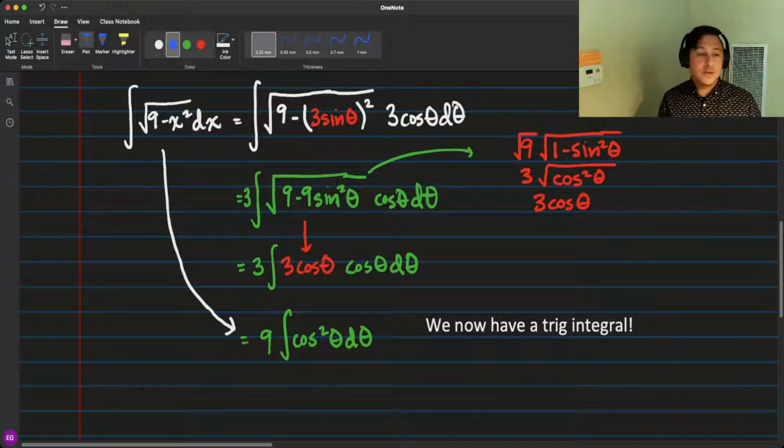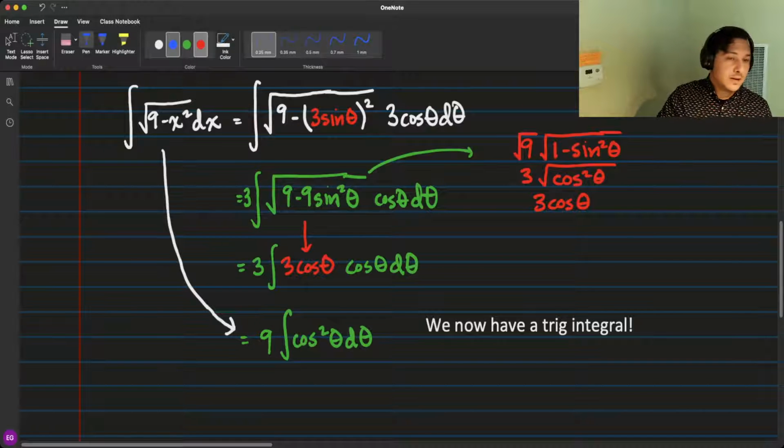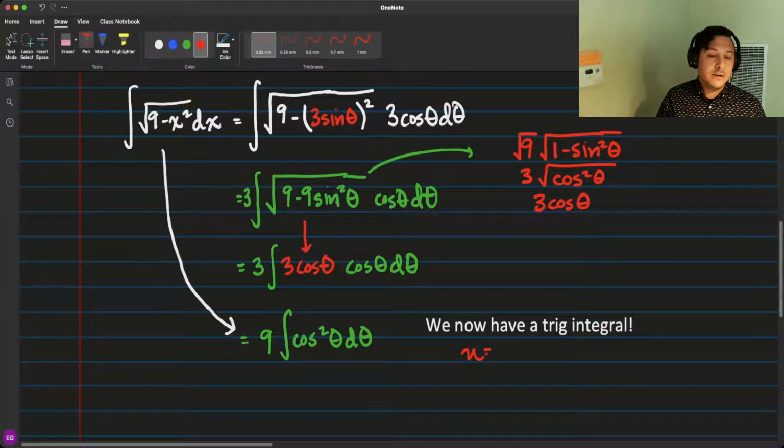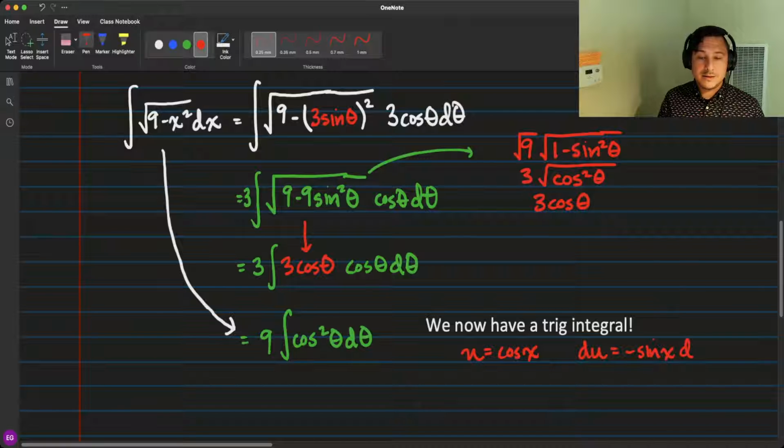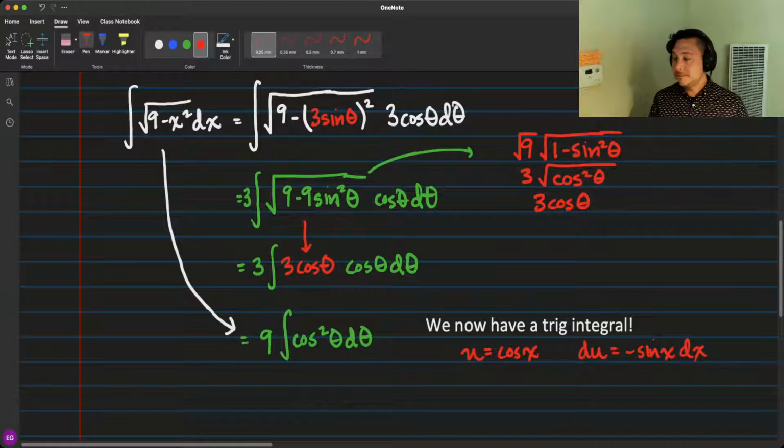We can't let u equal cosine squared. Let's just walk through this. If u equals cosine, what will my du be equal to? Negative sine. Do you have a sine anywhere? No. So that's not going to work, right?